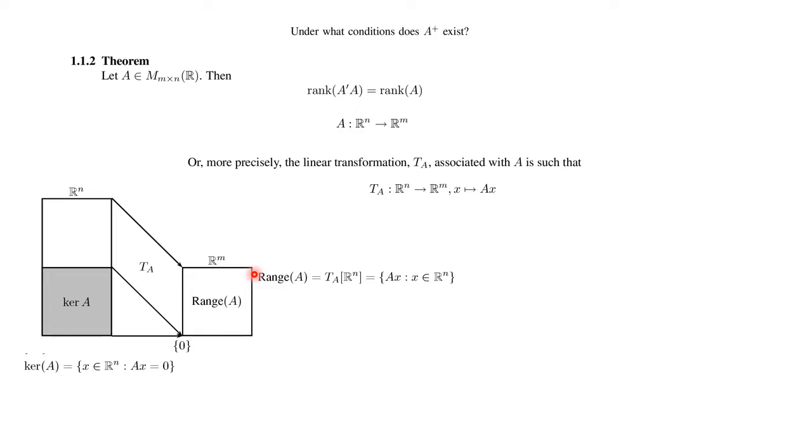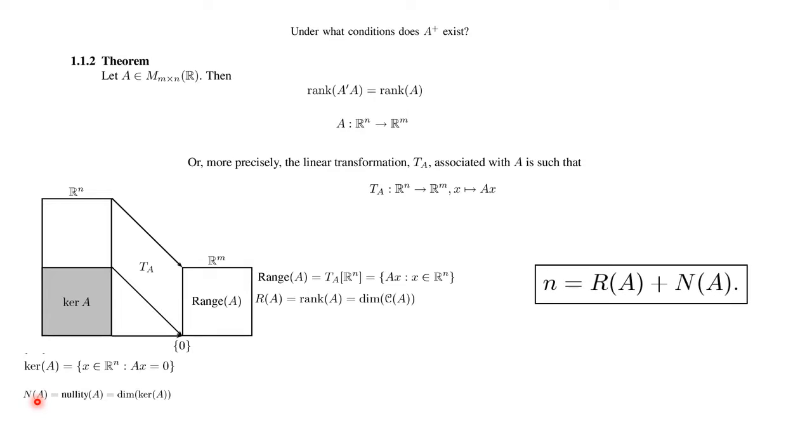It's the collection of outputs when you apply that function to the whole domain. The range is a subspace, and its dimension is called the rank. So the rank of A is the dimension of this column space, this range of A. And for the kernel, we use the expression the nullity, which is the dimension of that subspace.